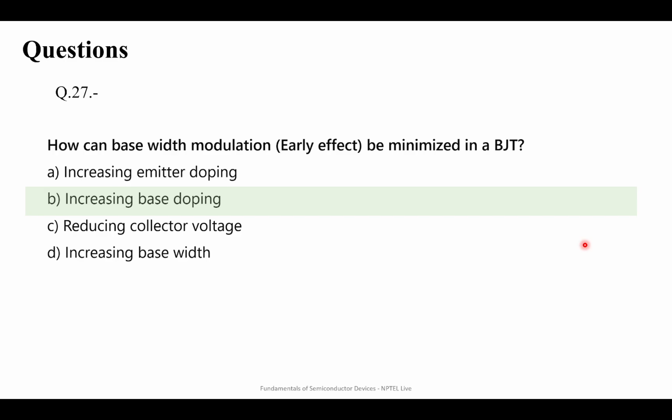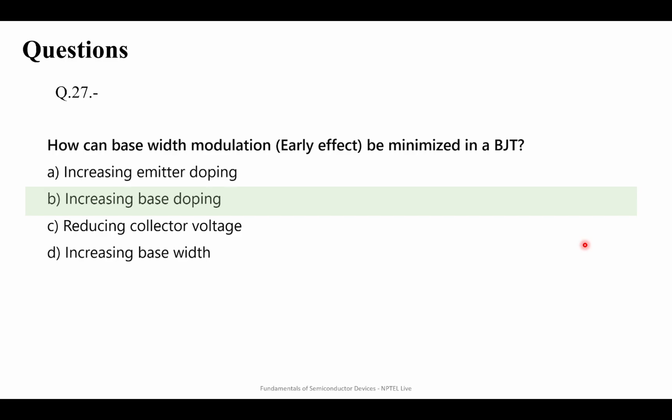So the answer to this would be increasing base doping. So if you increase your base doping, your depletion region will be stronger, and it will be less affected by your high collector emitter voltage.